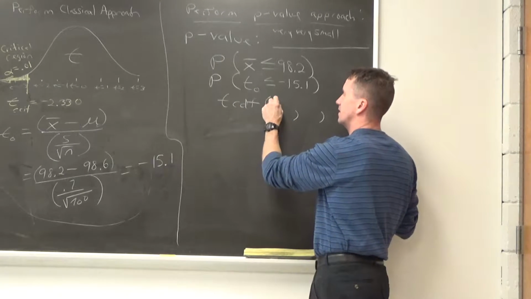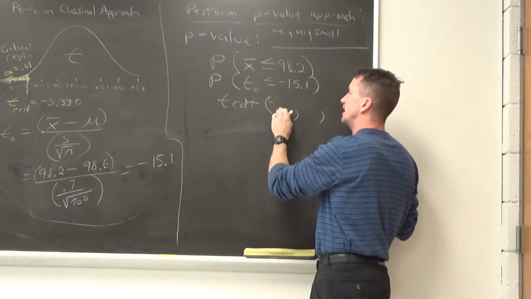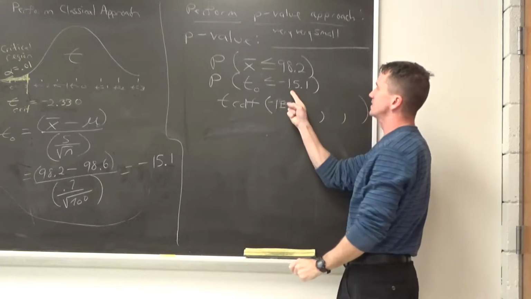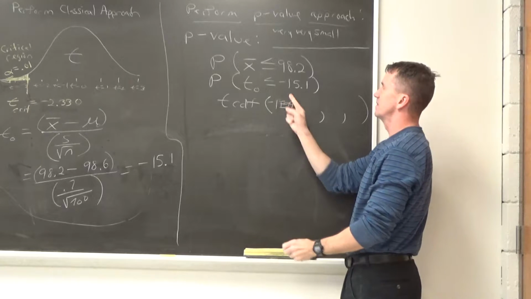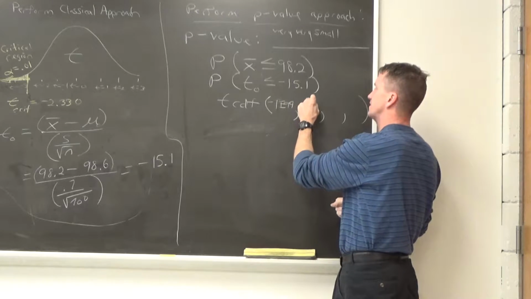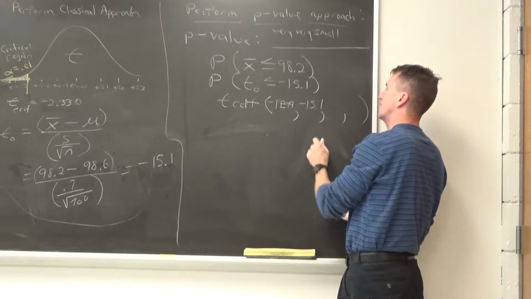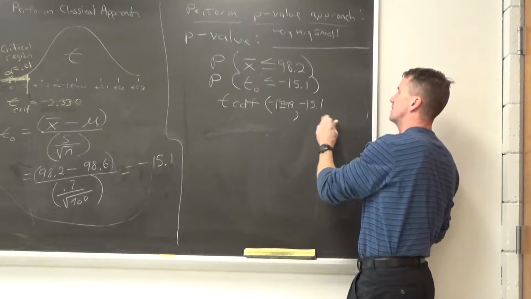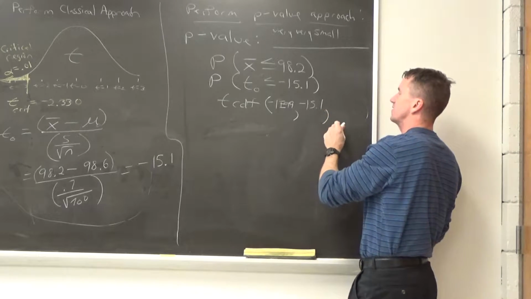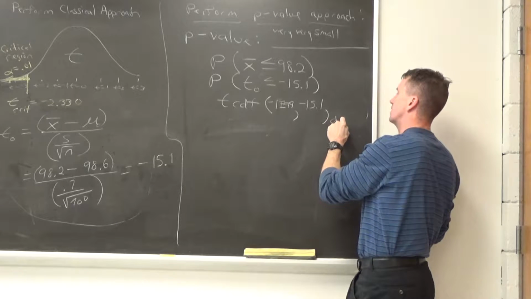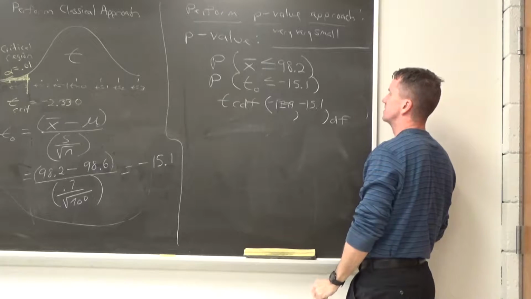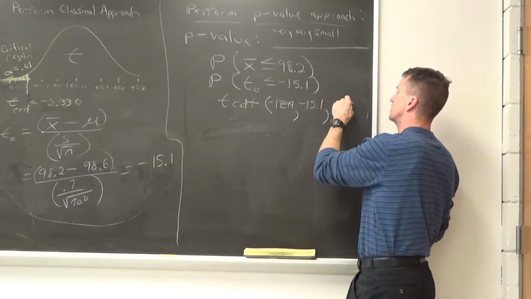We use negative 1E99 for negative infinity. What's this t-value here? Negative 15.1. And then we'll just put the degrees of freedom. What was the degrees of freedom for this? 699. Let's try.